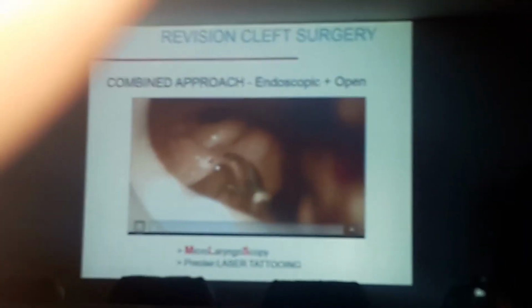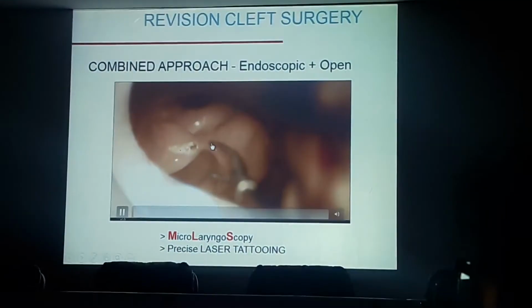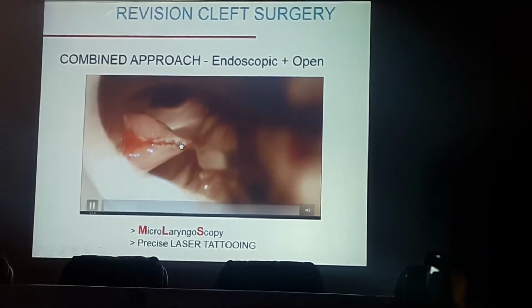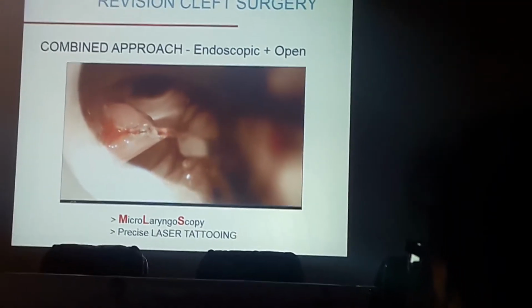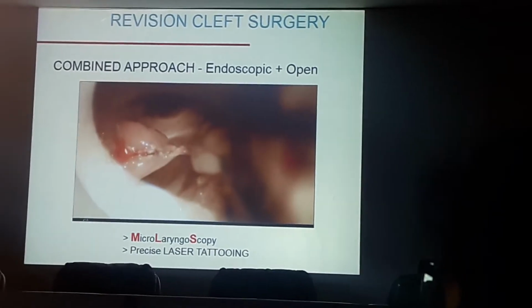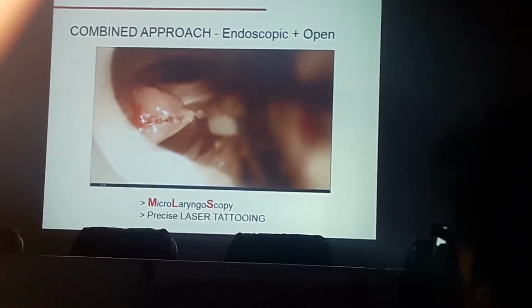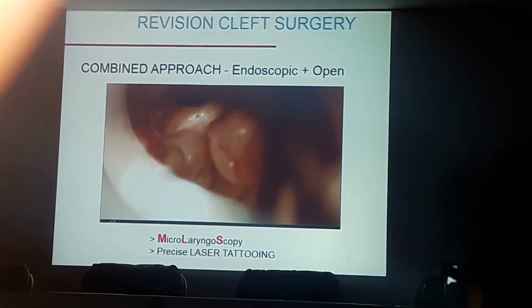The way we actually start doing it is by endoscopic approach. Exactly what we did yesterday, I would like to start tattooing my cleft before. And then this tattooing allows me to know exactly where my cleft is.